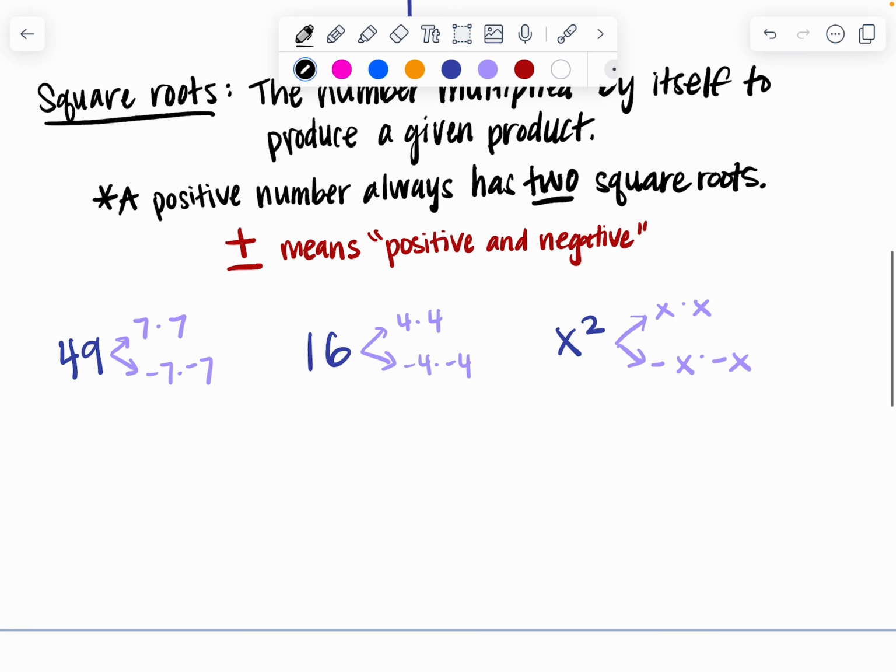So the type of equation that can be solved by the square root method is one with no bx term.